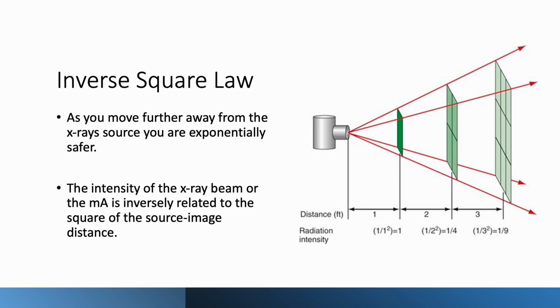The intensity of the X-ray beam, or the MA, is inversely related to the square of the source image distance. So when I say something is exponentially safer, I'm talking about it is squared. So that square is the exponent that we're referring to.